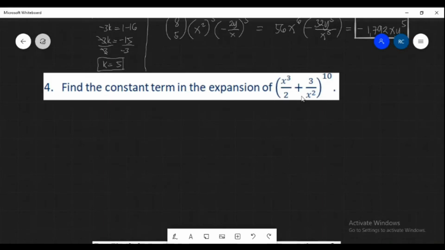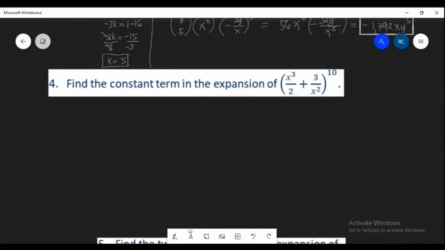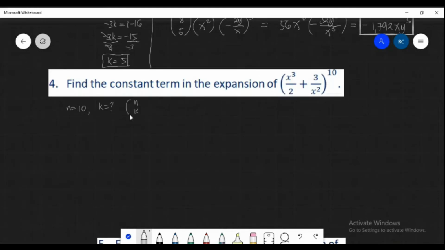Kasi any number raised to 0 is 1. So, yung n natin would be 10. K is unknown. Okay? Using the formula, n combine k times a raised to n minus k b raised to k.